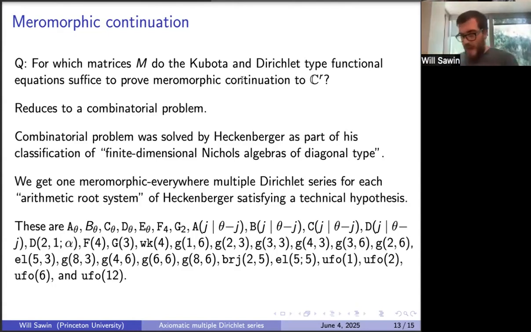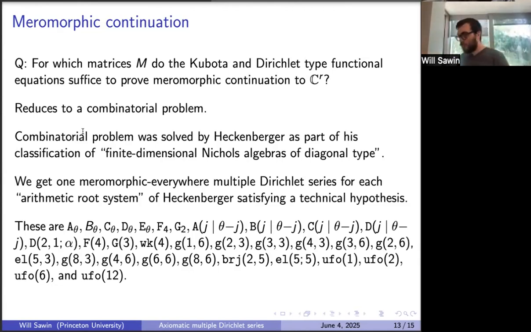We found that it was solved by Istvan Heckenberger when he was thinking about something that seems to be totally different, which is the classification of finite dimensional Nichols algebras of diagonal type. I won't say what that is, but I'll say that his classification was essentially equivalent to a classification of arithmetic root systems, which are some generalization of the classical notion of a root system.